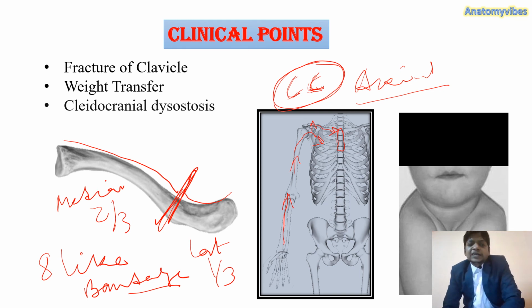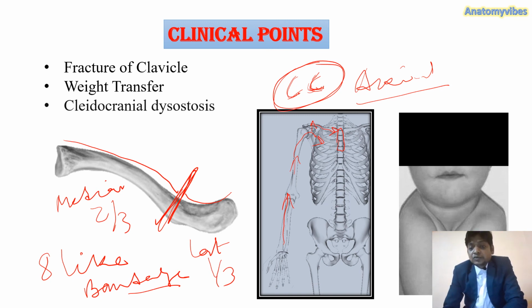Now one clinical condition is cleidocranial dysostosis. This condition arises from inefficient membranous ossification. Since most of the part of the clavicle ossifies in membrane, in this case clavicle can be absent or less developed.